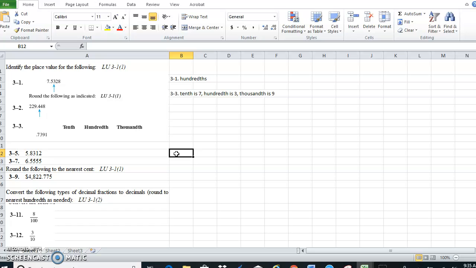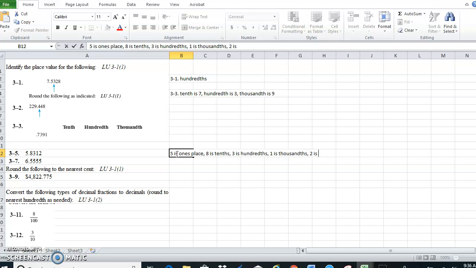Okay, and I suppose we're doing everything for these. It wasn't super clear. So 5 is 1's place. 8 is tenths. 3 is hundredths. 1 is thousandths.